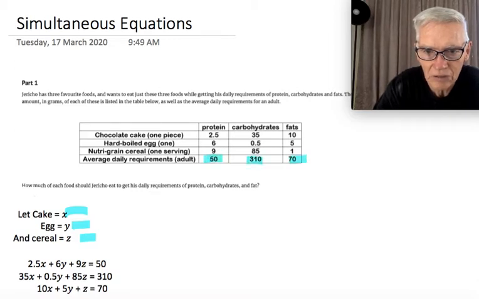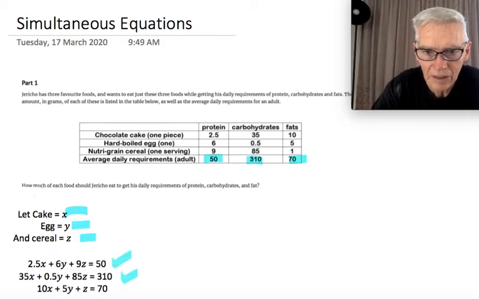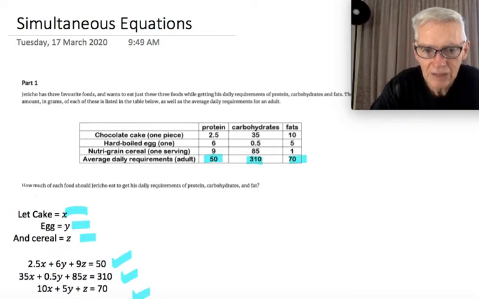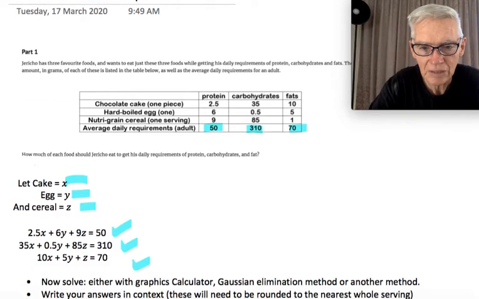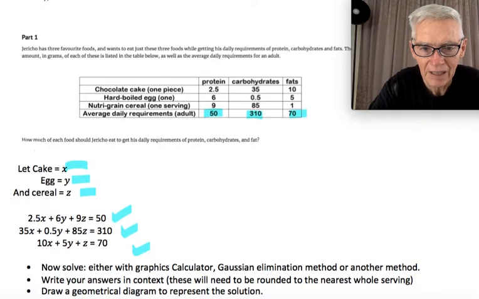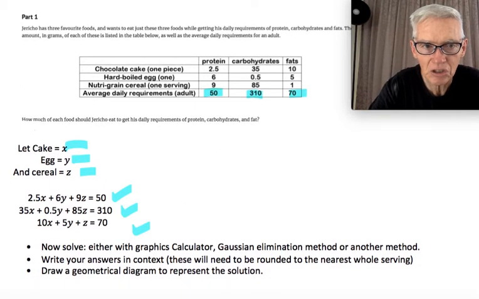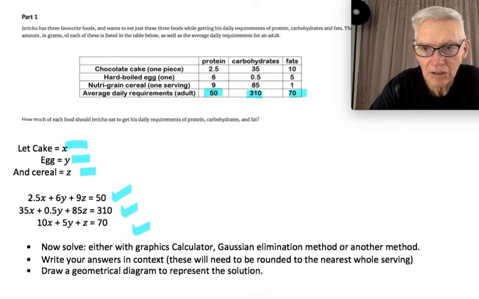So you just have to do 2.5x, and you can see there's the total for the first one, the total for the second one, and the total for the third one. Then once you do that, plug them in on your calculator, use the Gaussian elimination. In this case, you're going to have to round them because they come to decimals again, and you draw a geometric diagram to represent the situation. So I want you to go ahead and solve those, see how you get on.